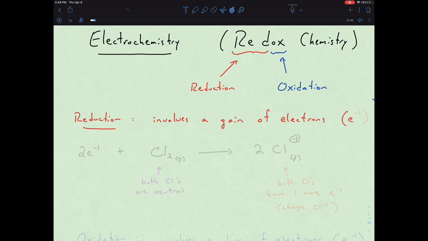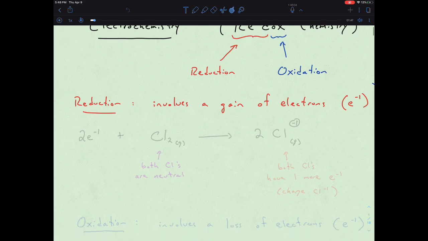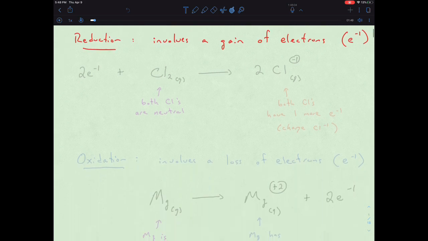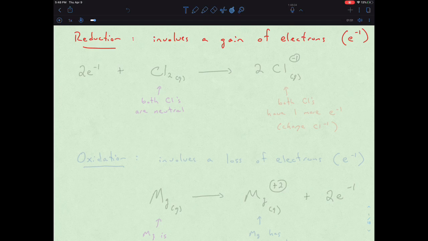And just to show you my shorthand there, we're going to be getting into a lot of electron transfer, electrons moving from one thing to another, i.e. electrochemistry. Going to be writing electrons a lot. So we see this e-1 to symbolize the electron. And so that's our idea of a reduction, basically a gain of electrons.